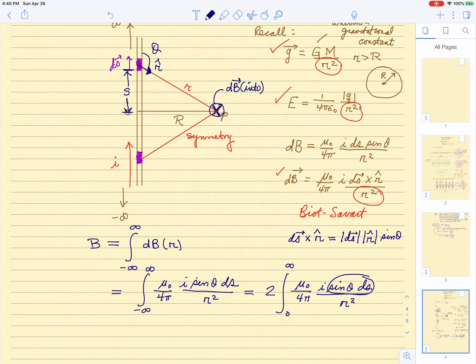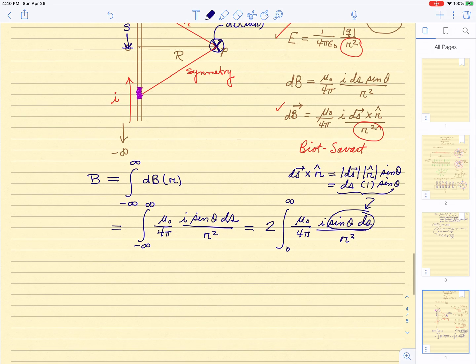That gives the magnitude of that cross product. So the magnitude of the vector ds, the magnitude of r caret, which is a unit vector, is just 1, and sine of theta. So that's where this piece comes from, okay? So we know where everything comes from now.